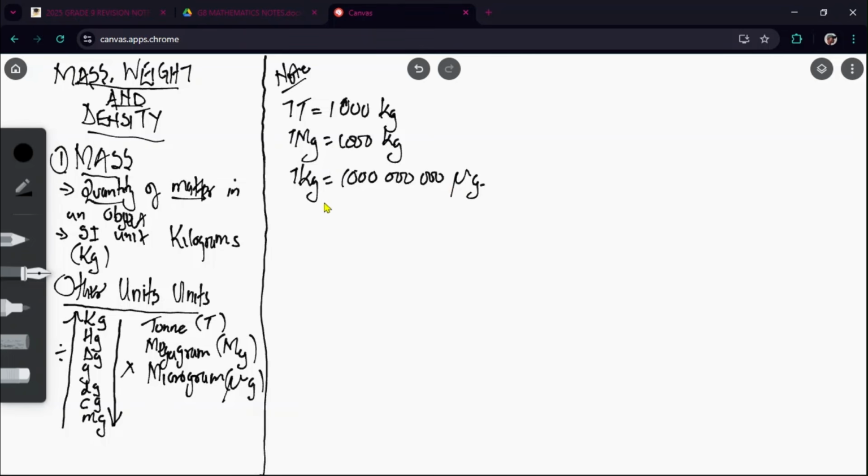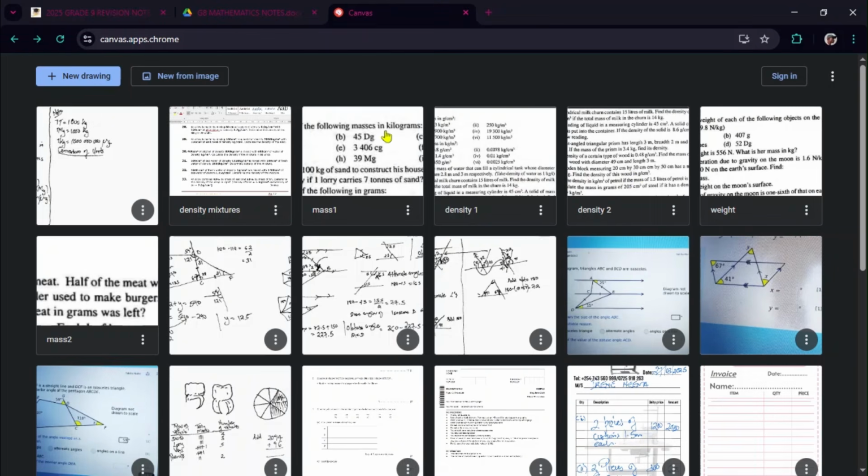We can have some quick examples on conversion of units. So we'll just pick a few examples here. I have quite a number of questions here.